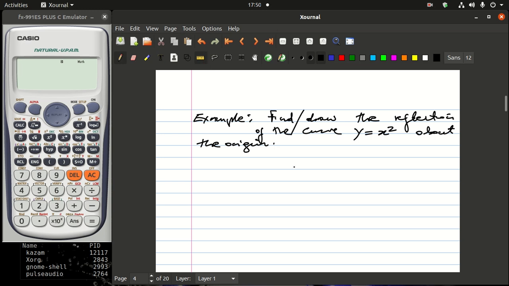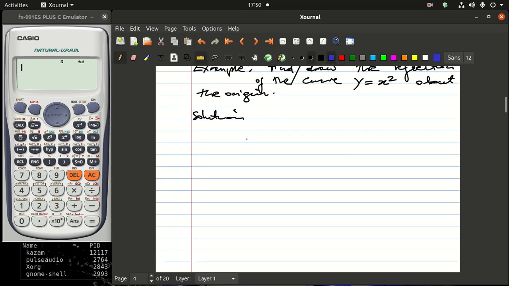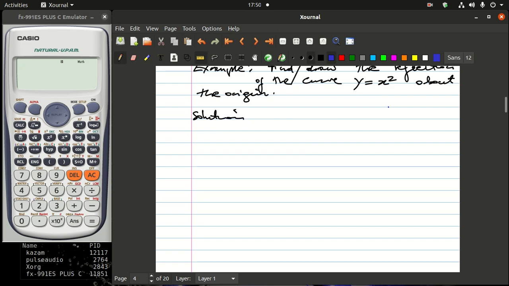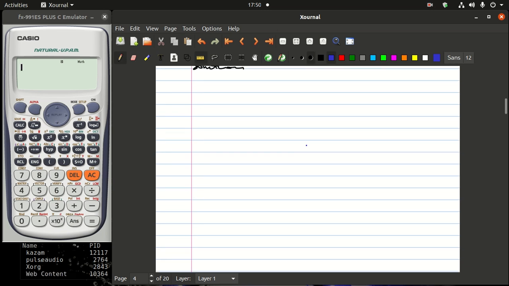So this is the solution that I'm planning for us. We want to draw the reflection of y is equal to x squared about the origin. We have this curve here, and then we have this curve there, on the Cartesian plane.